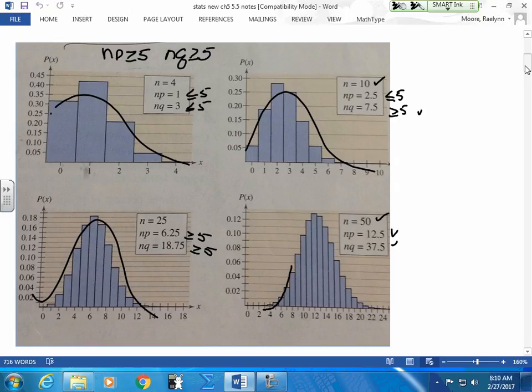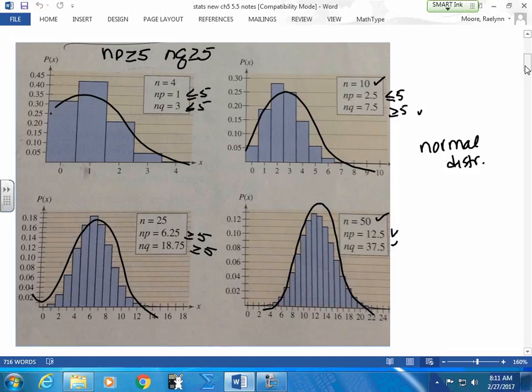This came even closer together here. Didn't it get a little closer? So it has to pass those two tests for us to be able to use a normal distribution to represent a binomial distribution.